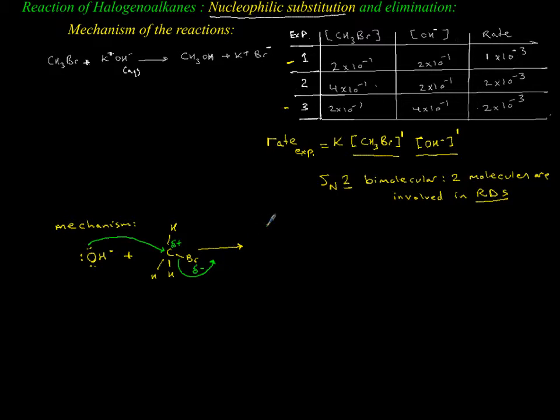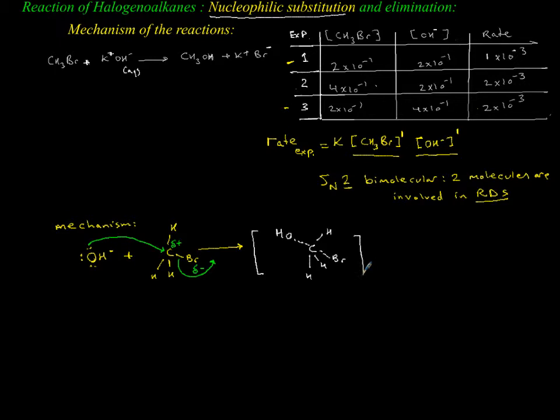So now I'm going to open a bracket to show this reaction. There is bromine trying to break away. There is also inversion of the shape. We're not worrying about it that much. And the hydroxide is trying to form a bond with it.